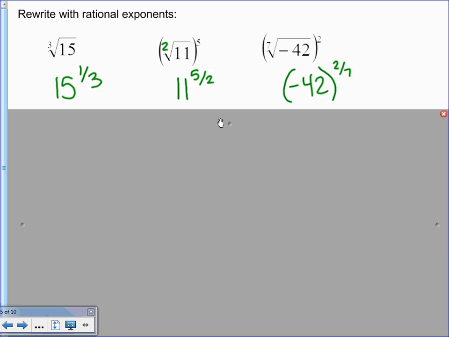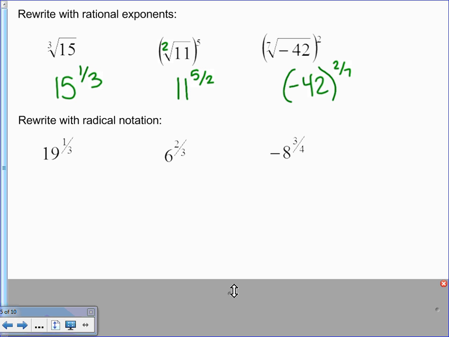Okay. Let's rewrite in the other direction. Rewrite with radical notation. 19 to the 1/3, 6 to the 2/3, and negative 8 to the 3/4. They already look like rational exponents, so you have a fraction, and the denominator of your fraction is your root.